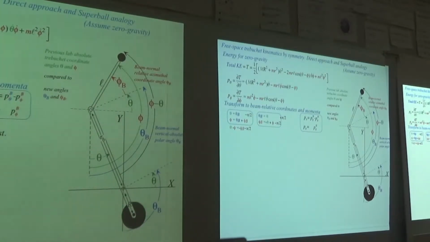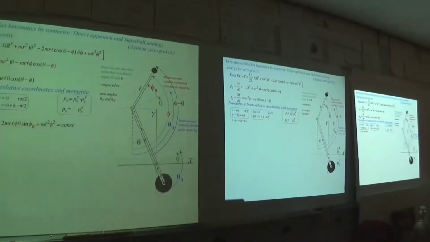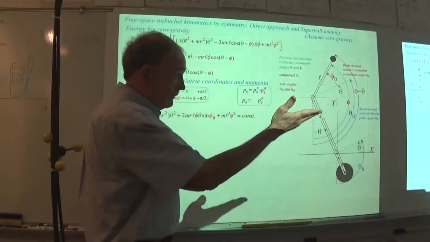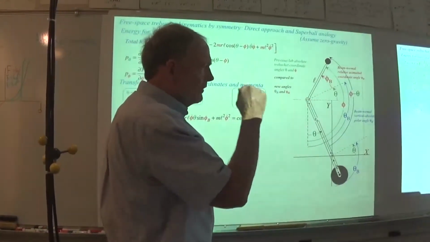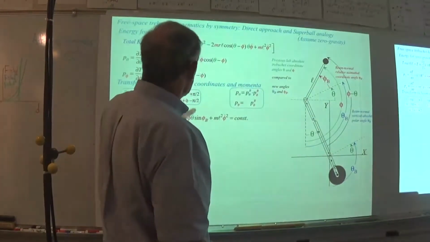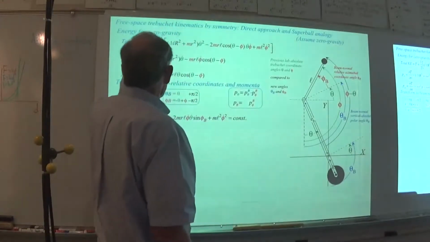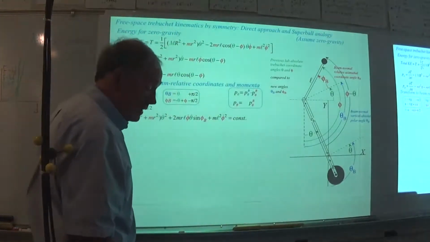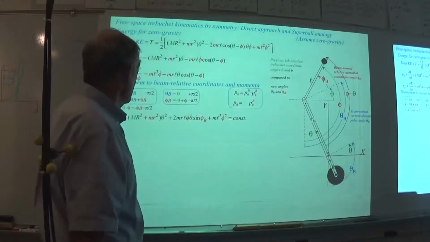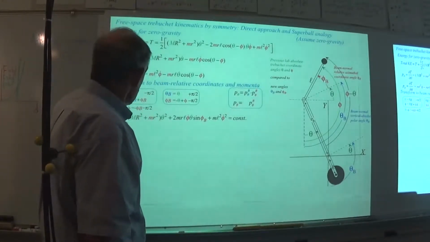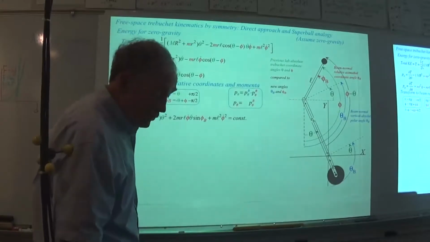So we're going to rewrite this total kinetic energy, and now that we've solved the quadratic equation, just look at this part of the kinetic energy and momentum and the relations that dominate it, and write the energy in terms of this.